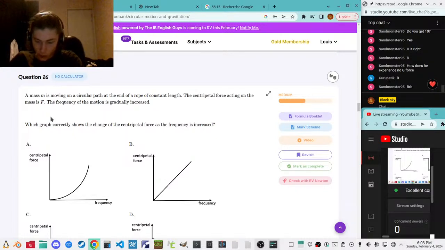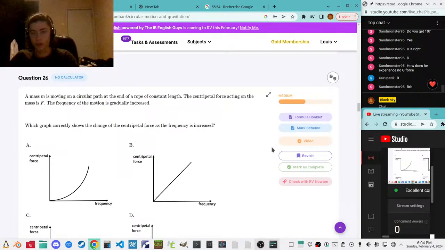Frequency is omega, isn't it? Well, it's not really omega directly. More or less, frequency times 2 pi is omega. Centripetal force goes with omega squared, so it's probably going to be A. Let's go with A.